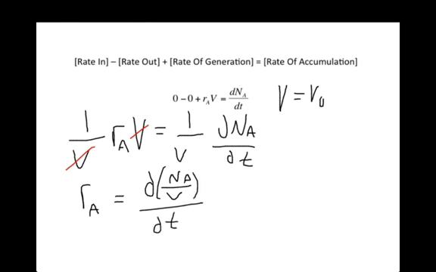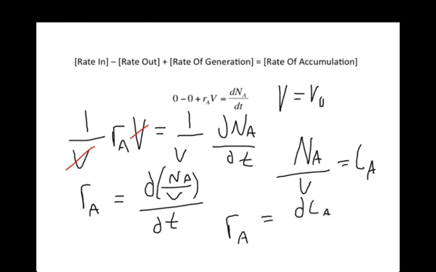And recalling our definition of concentration is just the number of moles over volume is equal to concentration of A, we'll call Ca. We can see here that this just really simplifies down to Ra is equal to dCa with respect to time.